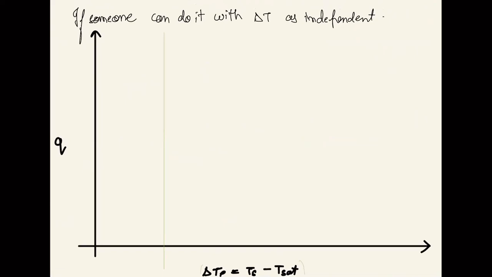This is a log axis. X axis has been made into log form, so that we can accommodate the things well. So from here we could see a graph like this. Let me draw it in bold. And this is free convection.